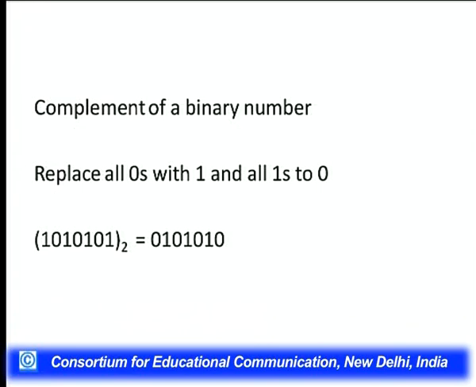So, basically if you have a binary number like 1010101, then you will get the complement of this number as 0101010. That is, wherever you have a 0 you will put a 1, and wherever you have a 1 you will put a 0. This is going to give you the ones complement of the given binary number.